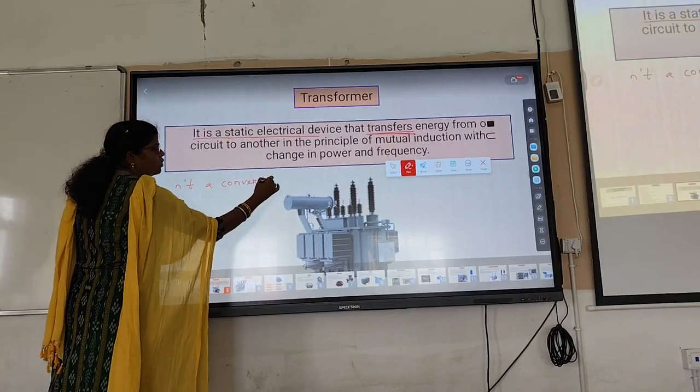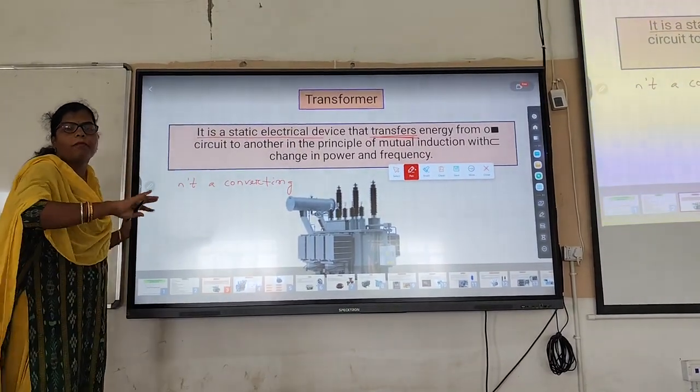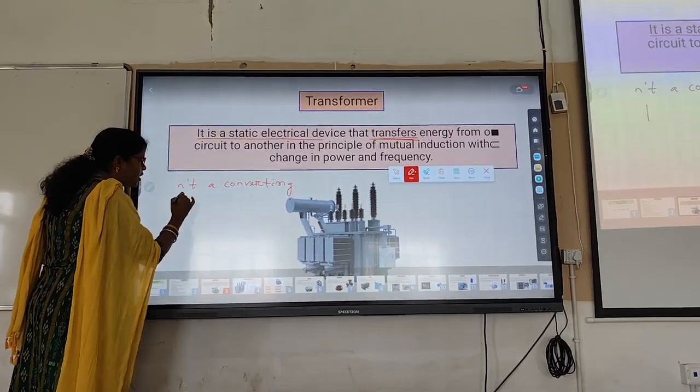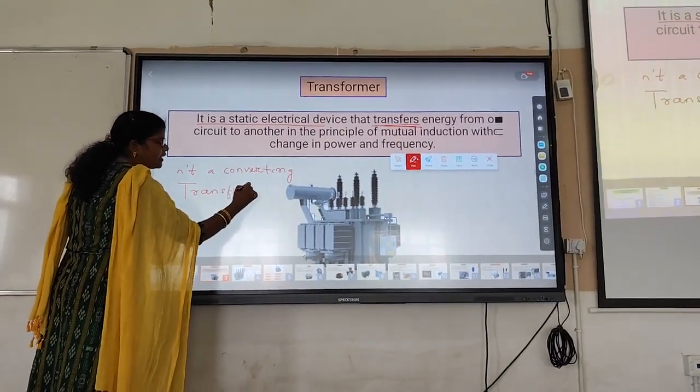Okay, it is not used to convert mechanical energy to electrical energy. It is a transferring device. It is used to transfer electrical power.